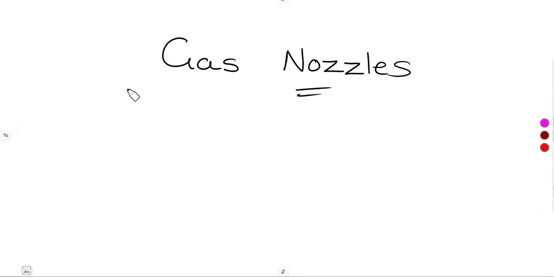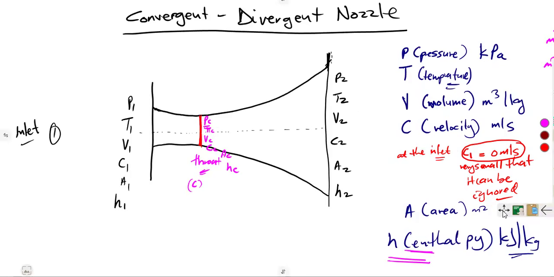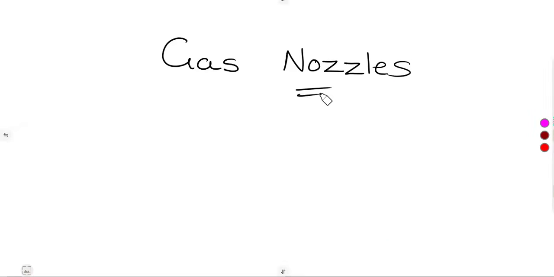In the previous class, we managed to work with the basics of the nozzles, if we remember. And I said for each and every part that we are going to have later on, these nozzles are going to be following the concept of convergent, divergent in terms of the shape. So in this case, we have a special part that we are going to look into on its own, which is the gas nozzle.